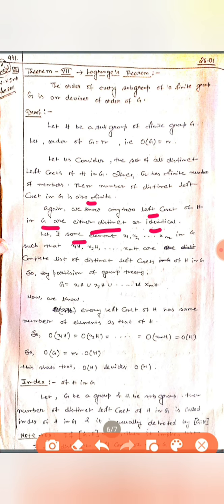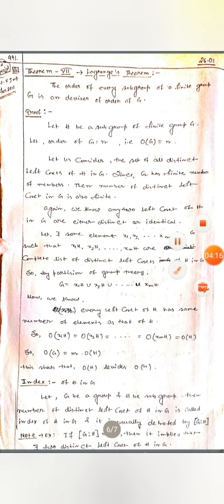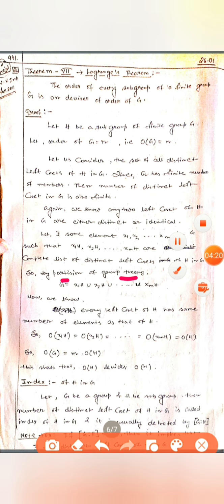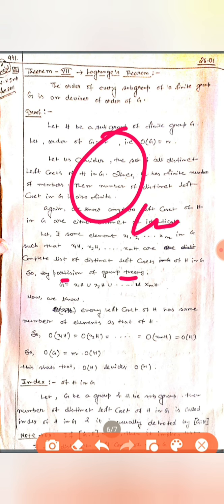Let there exist some elements x1, x2, up to xm in G such that x1H, x2H, up to xmH are the complete list of distinct left cosets of H in G. By the partition property, G must be the union of all left cosets.